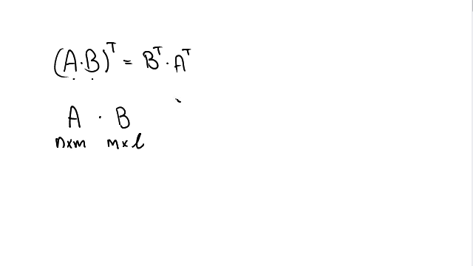So let's check that this product here is always allowed. Well, B transpose, remember when we do the transpose we have to switch the dimension numbers, so that's going to be L by M, and A transpose, switching them, will be M by N. So we can see that B transpose multiplied by A transpose must be allowed if A times B is allowed.